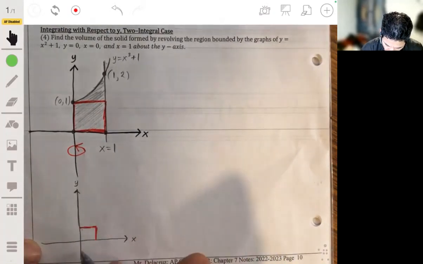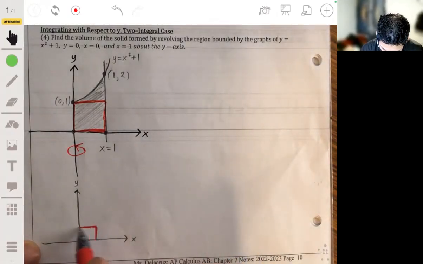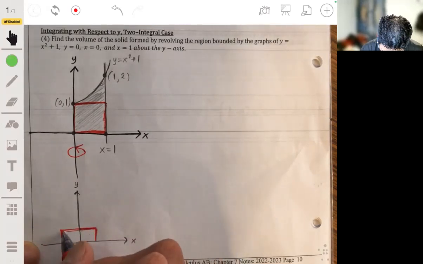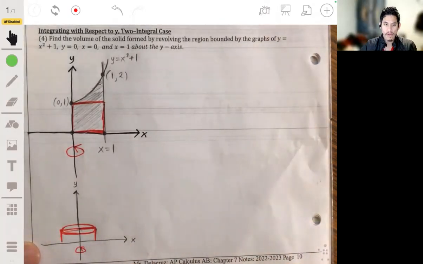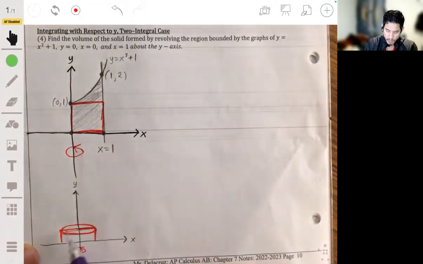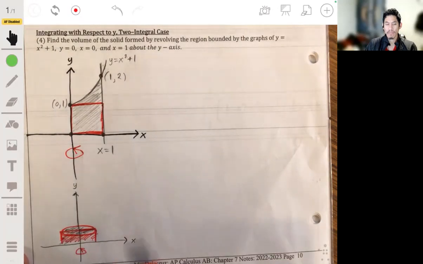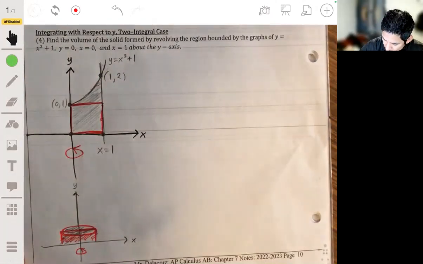Because spinning this around the y-axis, we just get a cylinder. So you get a cylinder, but this other part here, let's revolve this region.